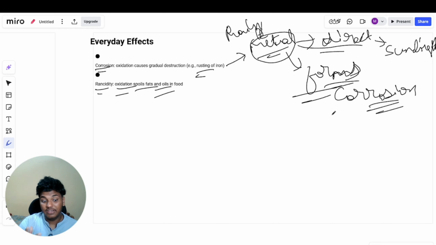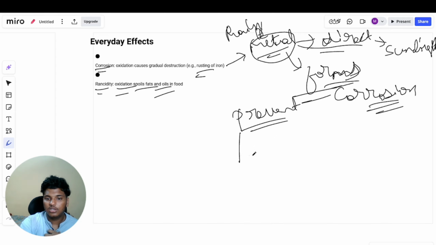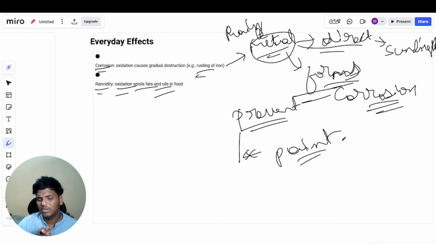What are the prevention methods? How do we prevent this? First, you can use paint. For example, if you look at the top cap of a tank, most probably it will corrode in the rainy season.